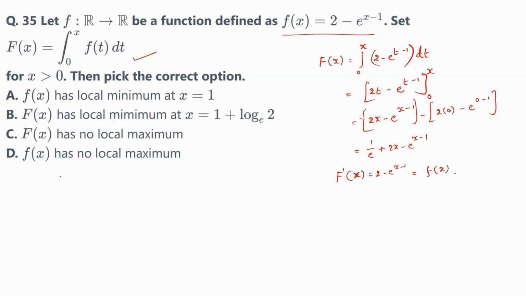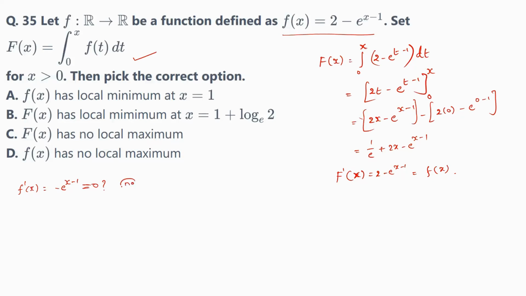Small f of x has local minimum at x equal to 1. How do we see that? We have to compute f dash of x, that is d by dx of 2 minus e power x minus 1, which is simply minus e power x minus 1. Okay. Now, is this 0 anytime?